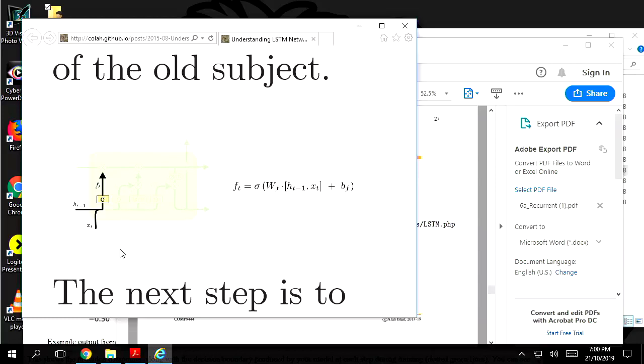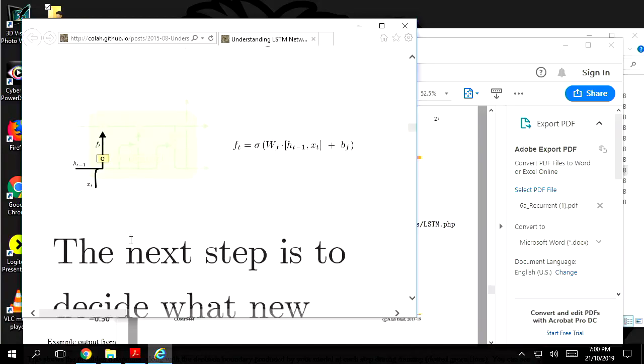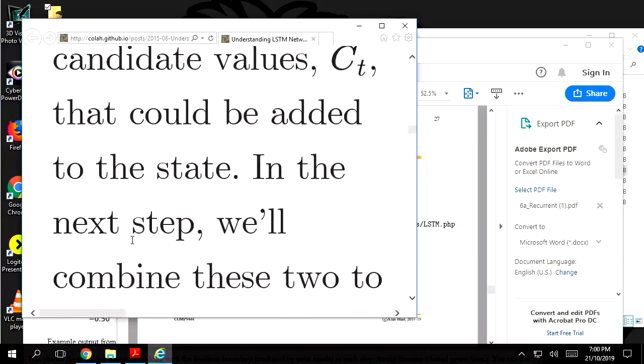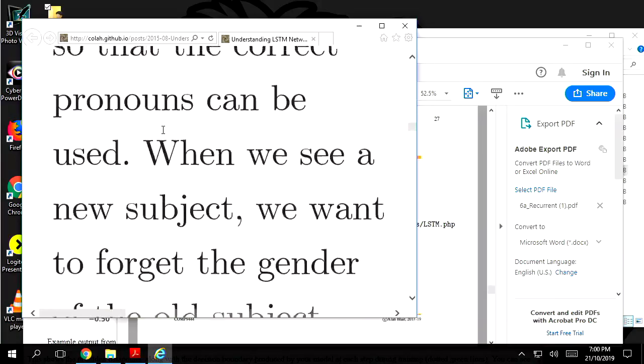So we've got these activations here, and then this sigmoid gives you a number between 0 and 1, and the context layer at the previous time step gets multiplied by that.